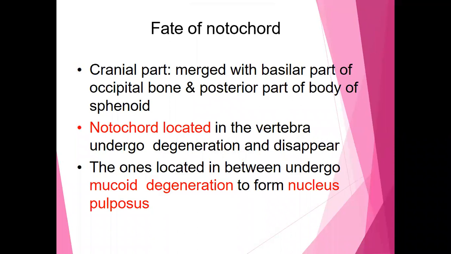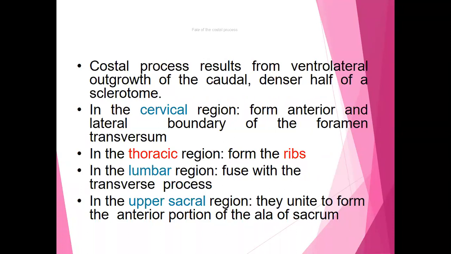The notochord located in the vertebra undergoes degeneration and disappears. The part located between two sclerotomes undergoes mucoid degeneration and forms the nucleus pulposus. The other is the annulus fibrosus.